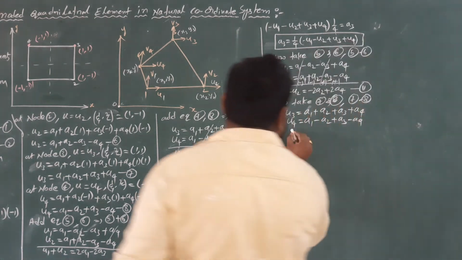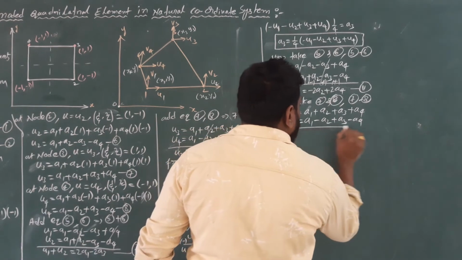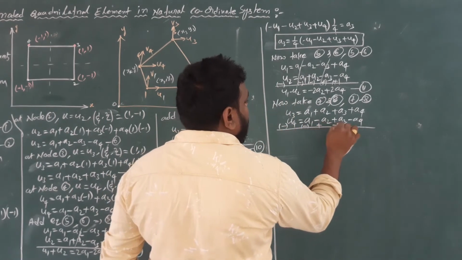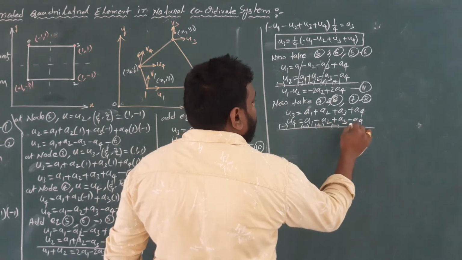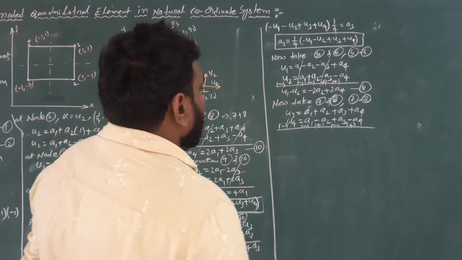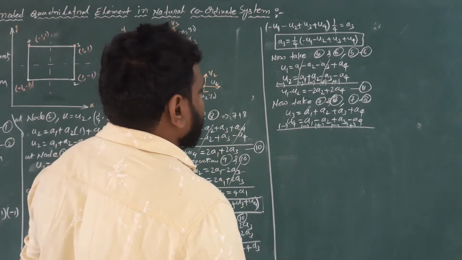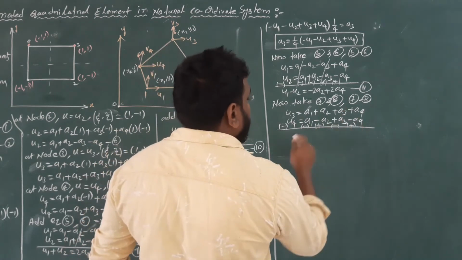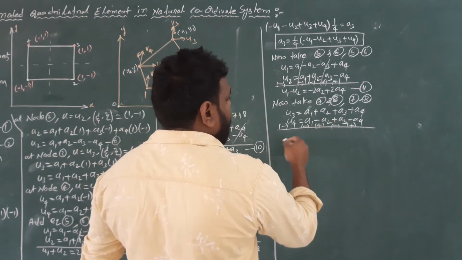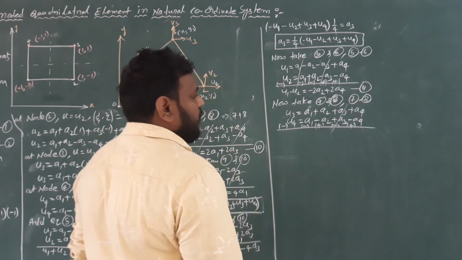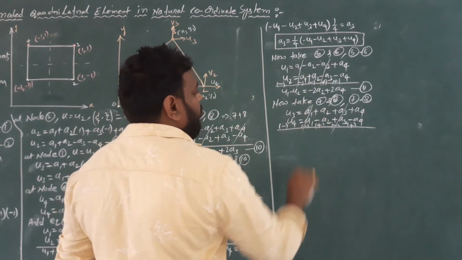So subtract these two equations. We will get, so this is minus, plus. Okay, so after doing this, a3 cancels, and a1 is also cancelled.